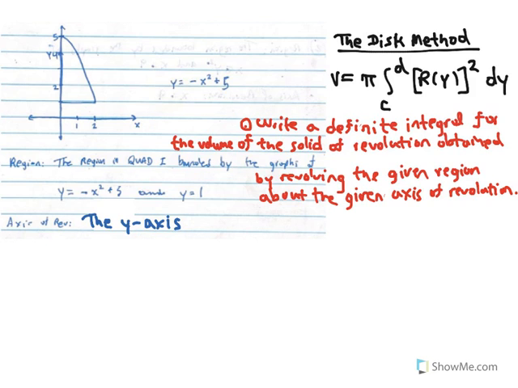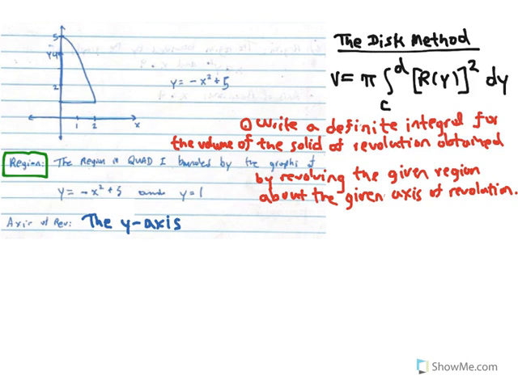When doing these problems, your first step is to sketch the given region, which has already been done. But if it weren't done, you would sketch it first. And then you're going to sketch a representative rectangle within the given region. And then you will sketch what you get when you revolve that rectangle about the axis of revolution.